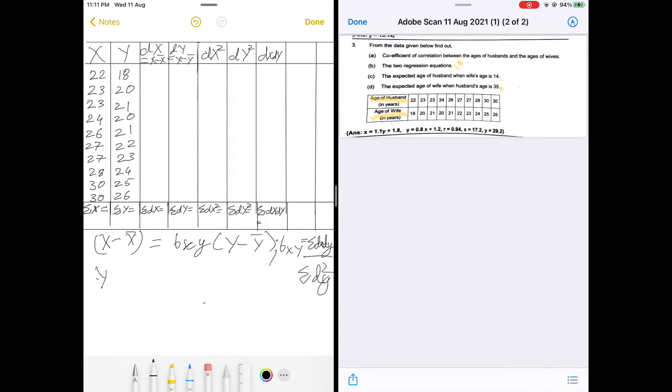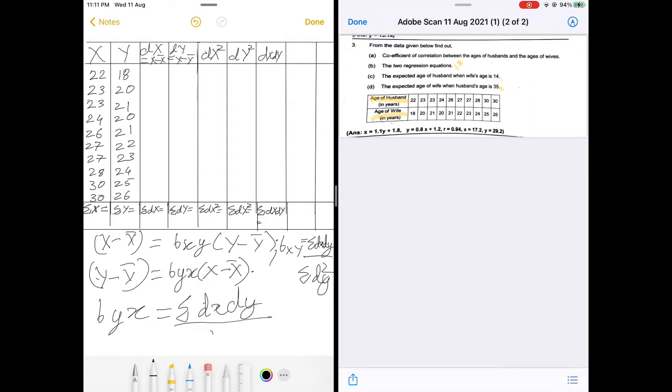So now after this, the y on x equation: y minus y bar is equal to byx into x minus x bar. Please remember, here we are trying to predict the wife's age based on the husband's age. Byx is equal to sigma dx dy divided by sigma dx square. The space is not enough, let me just rewrite it.